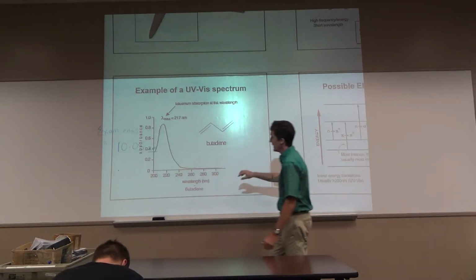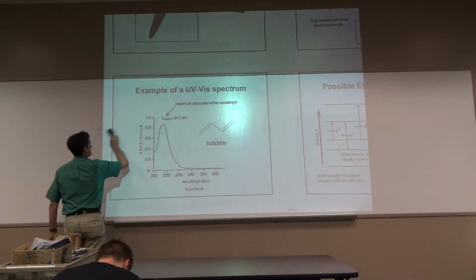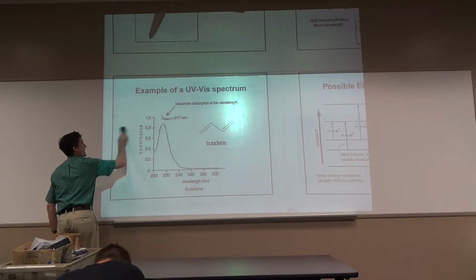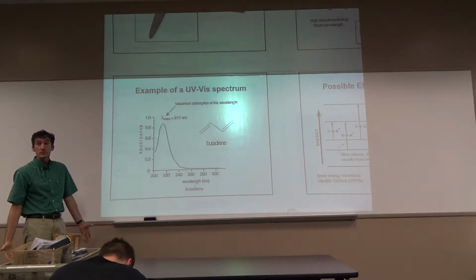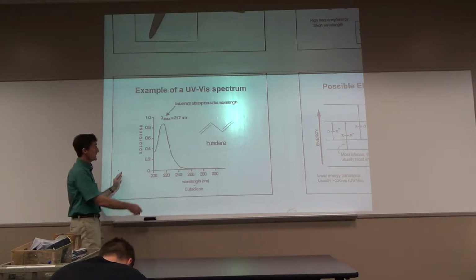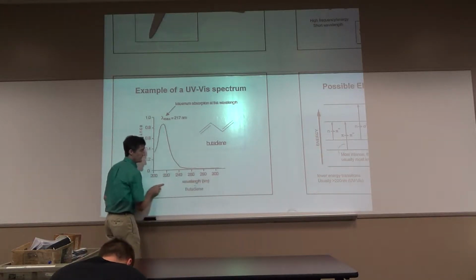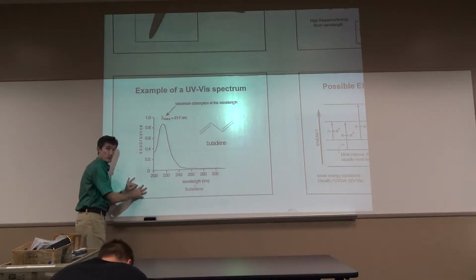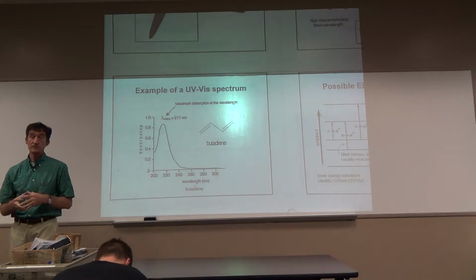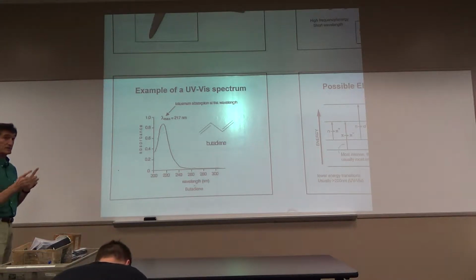Here we go. Typical UVVis. Compared to IR, well, it's a lot simpler. Here we have wavelength. And by the way, we're dealing with ultraviolet light and visible light. UVVis.